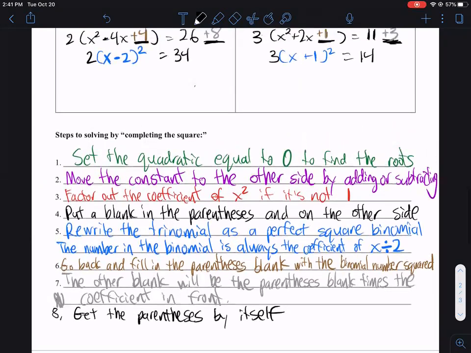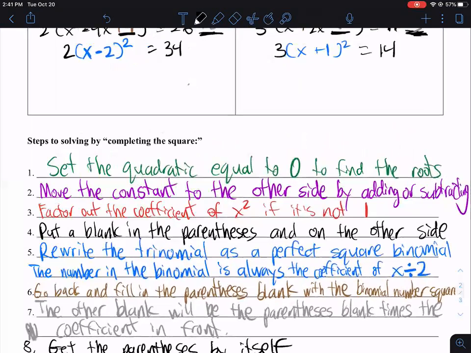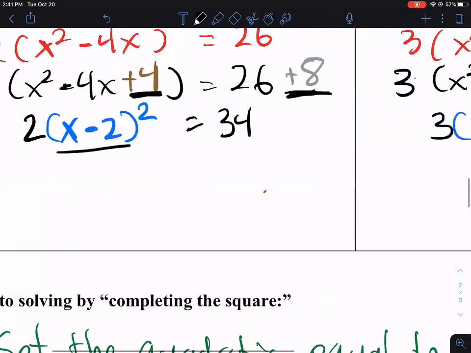So if we look on the left side, the parentheses is not by itself, right? It's got this 2 attached to it. So here is where we would do the opposite. The 2 is multiplying the parentheses. So to get rid of it, the opposite would be to divide both sides by 2.